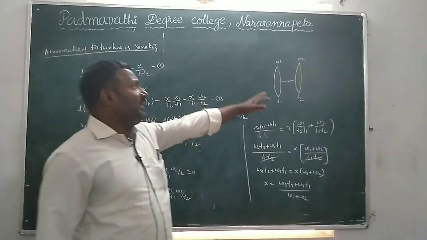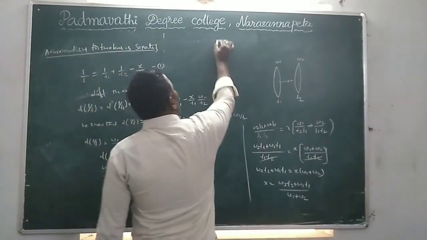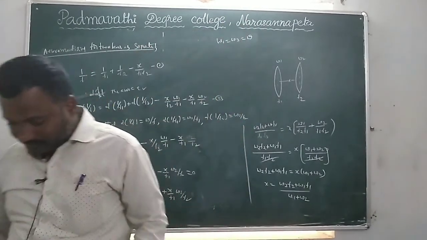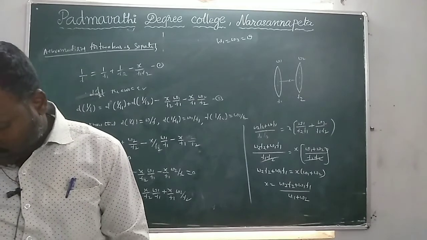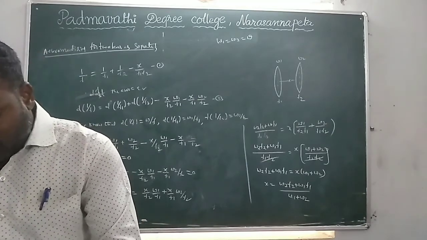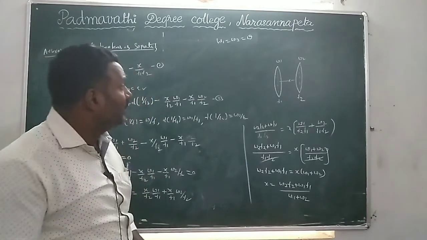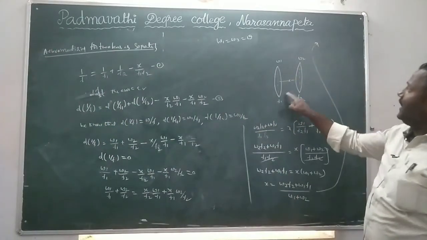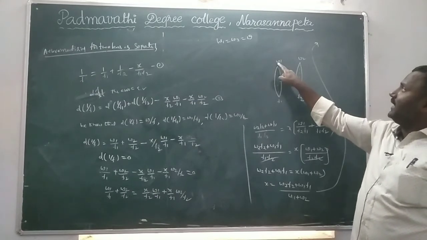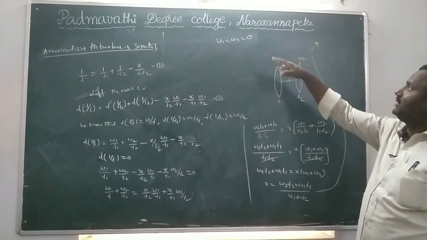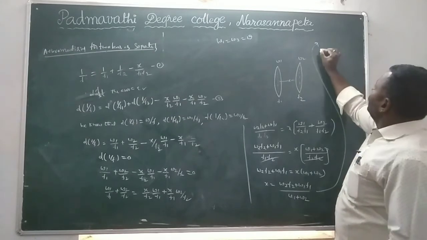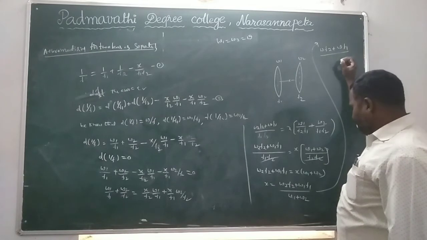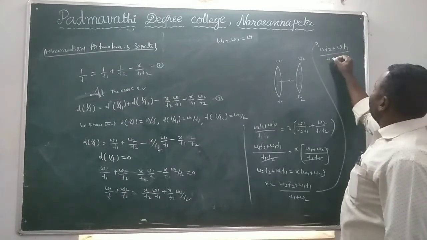Here for the two lenses, the powers omega 1 and omega 2 are equal, that is omega 1 equals omega 2 equals omega. Therefore x equals omega f2 plus omega f1 by omega plus omega.